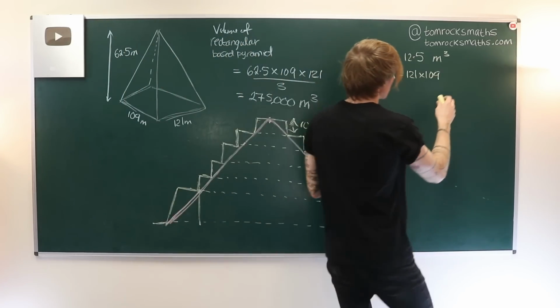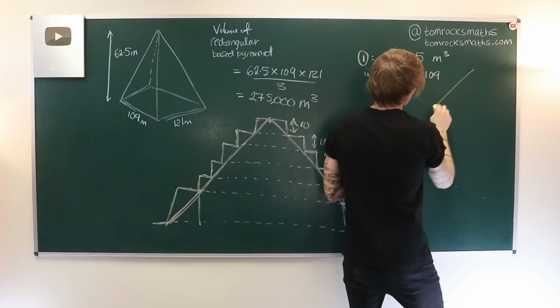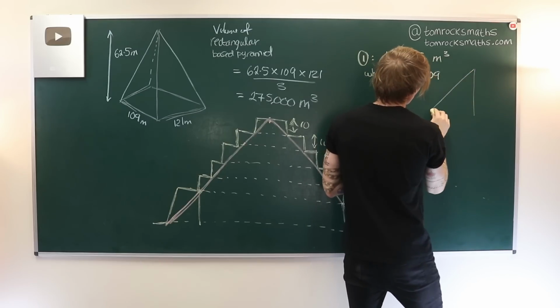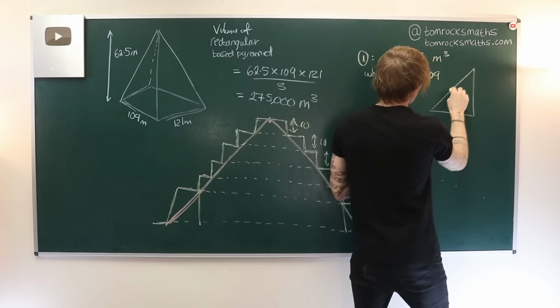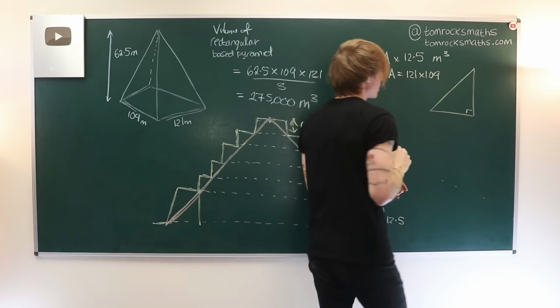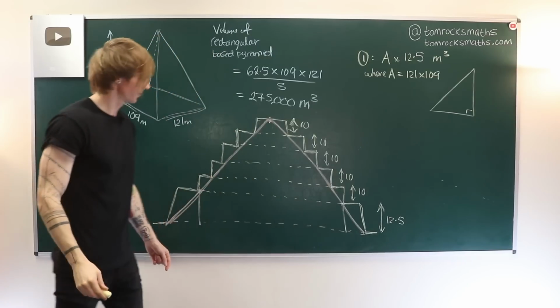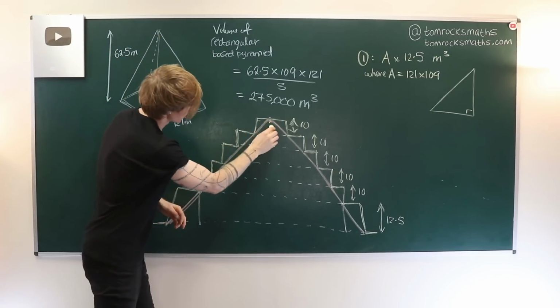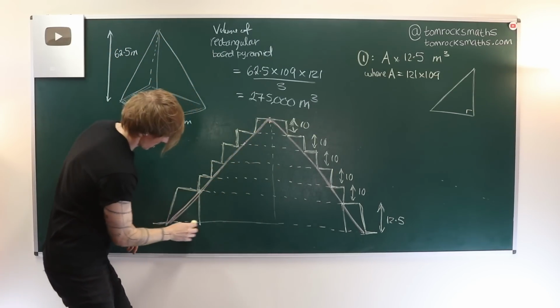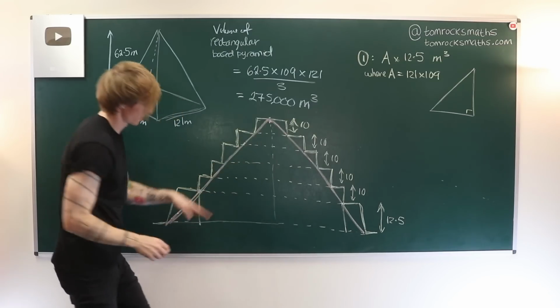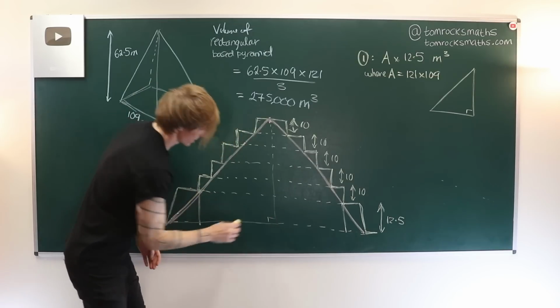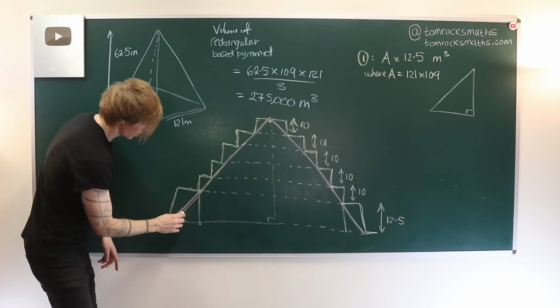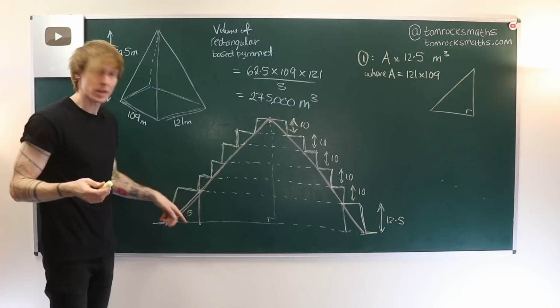So, what we've got as a cross section through, let's say, the left-hand side of our pyramid is a right-angled triangle. Now, this is this section here, the original pyramid shape, and this is our right angle. Now, the angle here, theta, we can work this out.